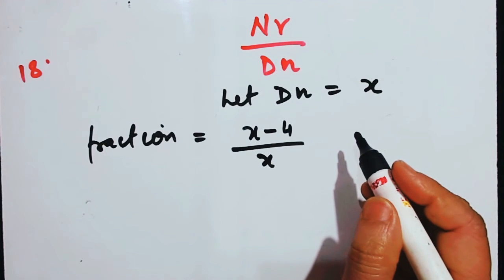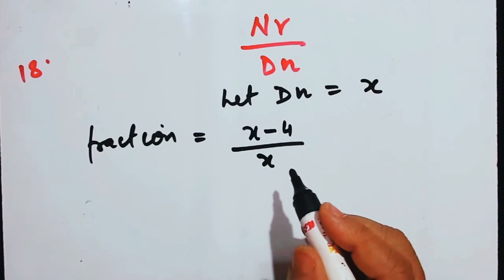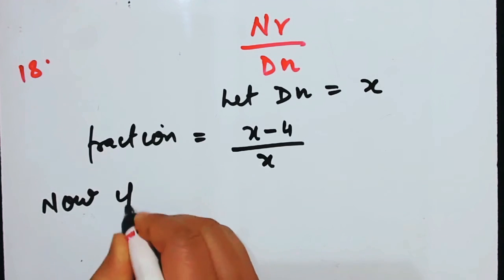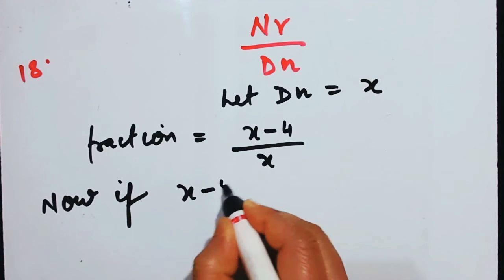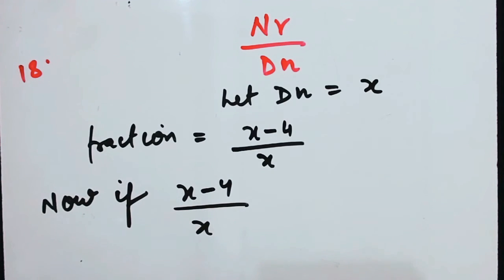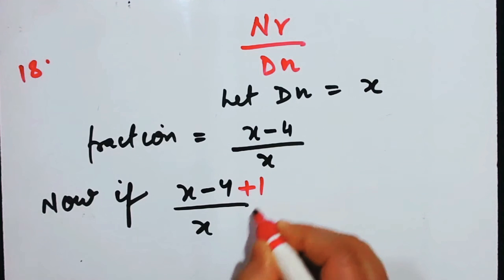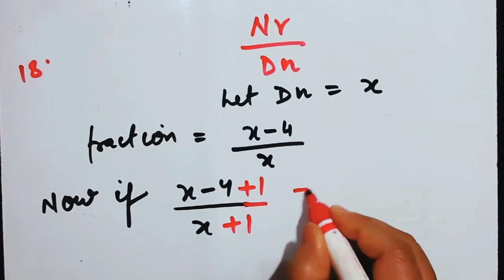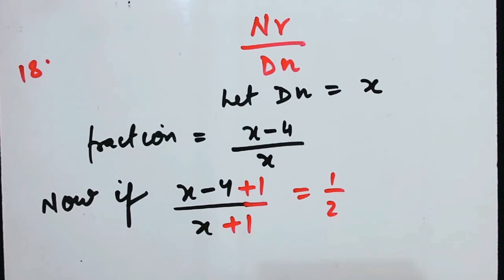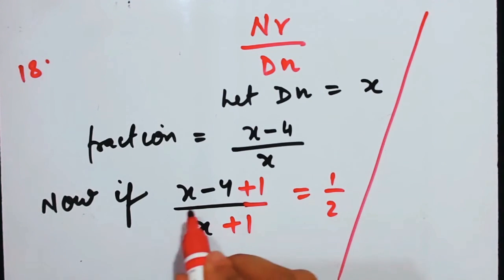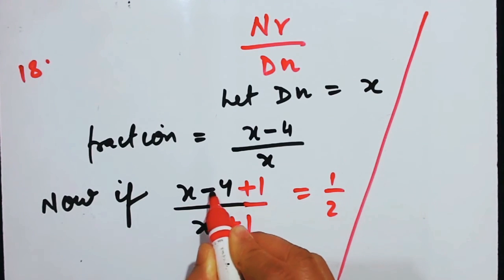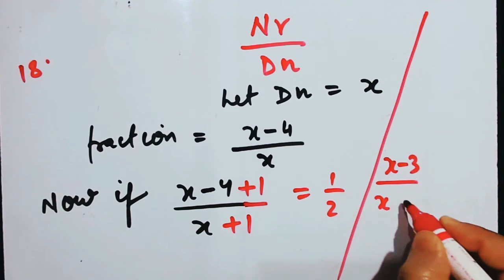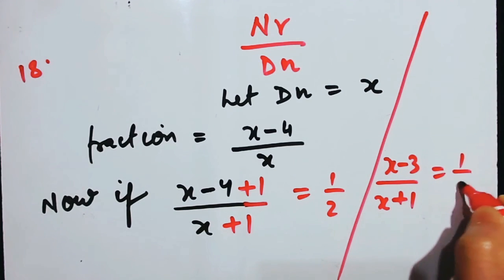If 1 is added to both the numerator and the denominator, now they say that from x minus 4 and x, if I am going to add 1 to both the numerator and the denominator, the fraction becomes how much? 1 by 2. Now, for this kind of sum, x minus 3 by x plus 1 will be equal to 1 by 2.